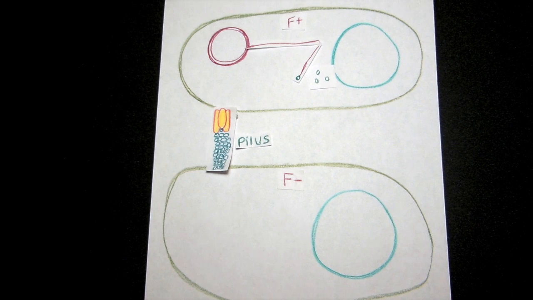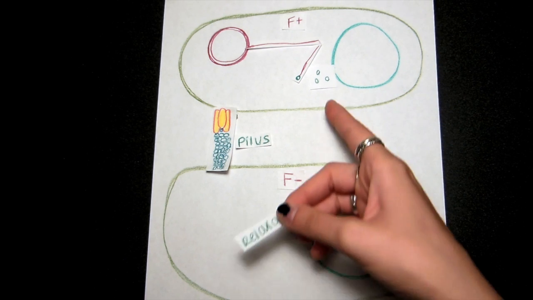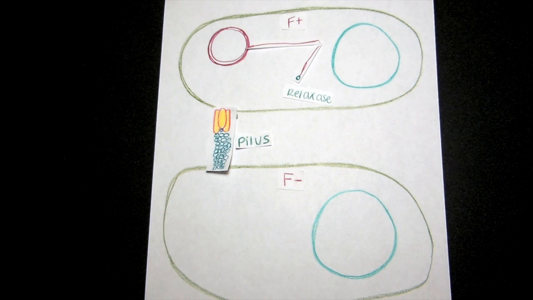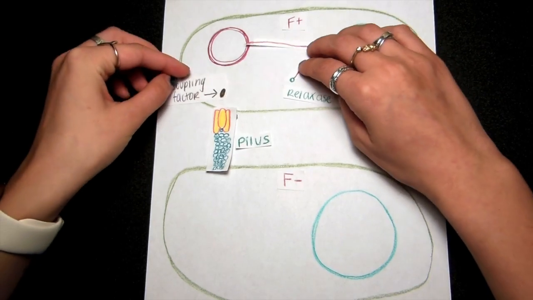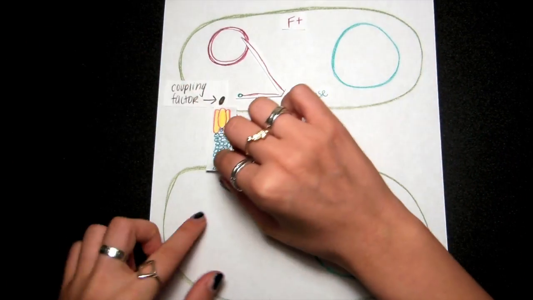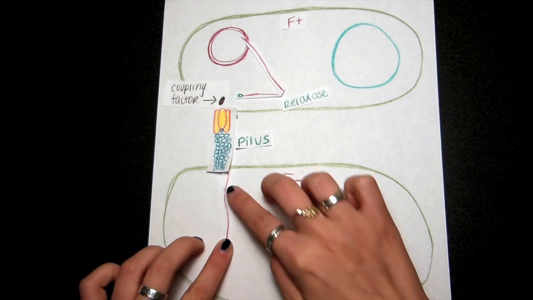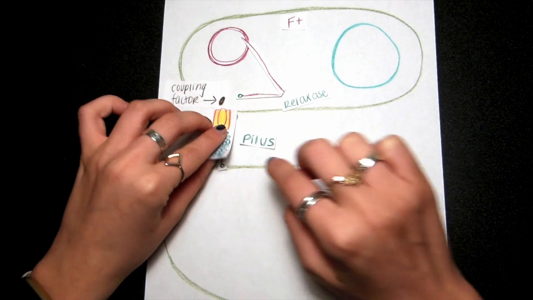Then, accessory proteins of the relaxosome are released while a portion of the relaxosome, called the relaxase, remains attached to the tDNA. This relaxase is transferred to an exporter, which pumps the tDNA complex into the recipient cell.